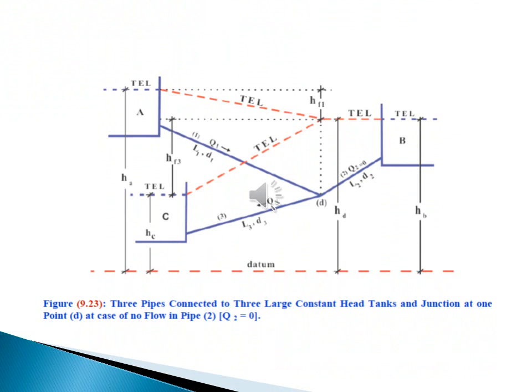Figure showing three pipes connected to three large constant head tanks and a junction at one point D in the case of no flow in pipe 2.